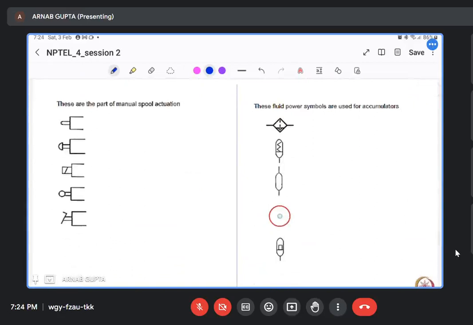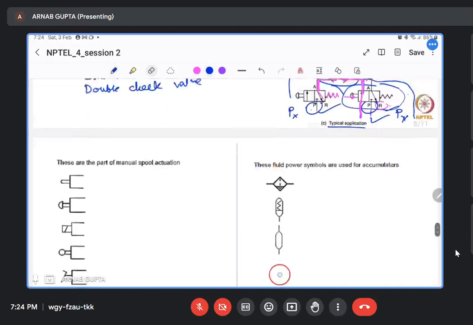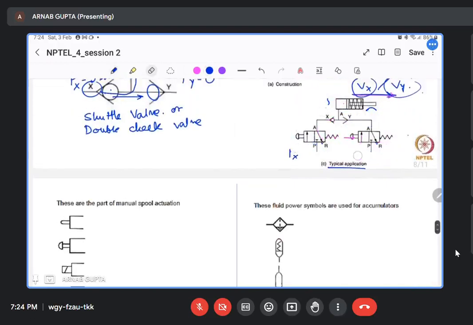Okay, so these are part of manual spool actuation. So what is a spool? In a direction control valve, you have a spool inside the valve that is being actuated by an external mechanism.